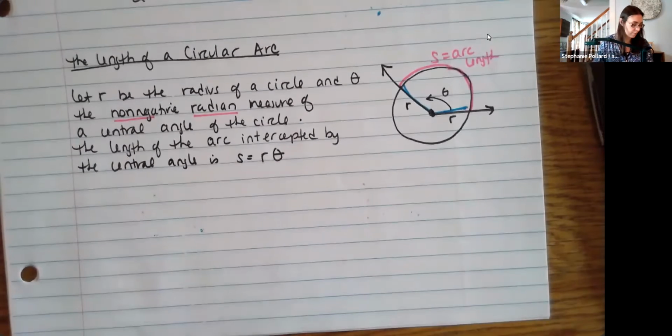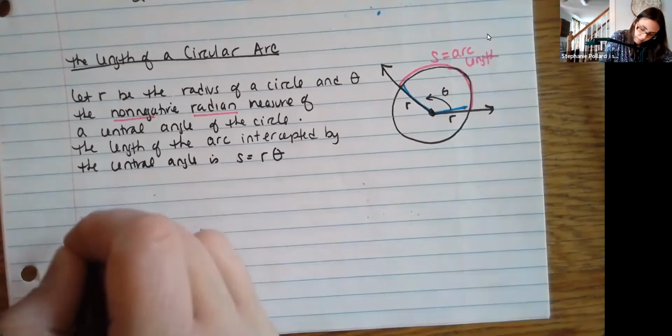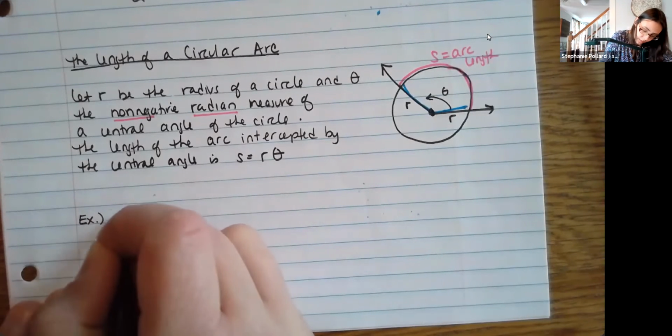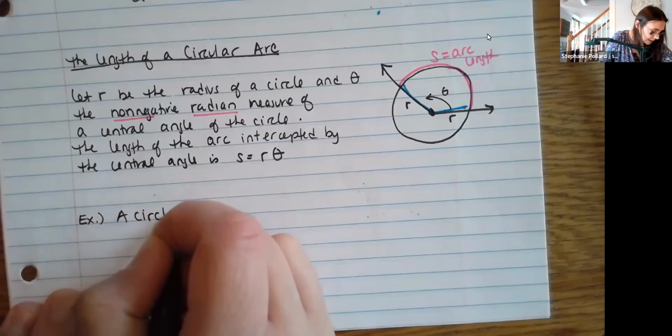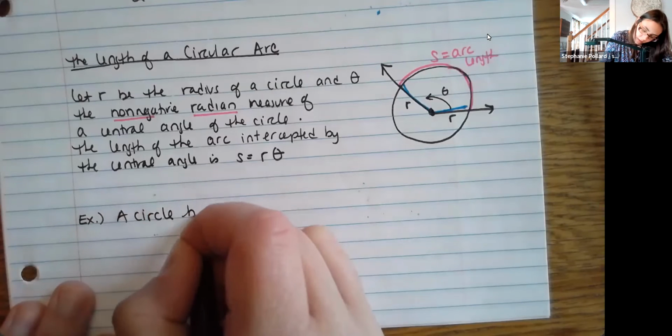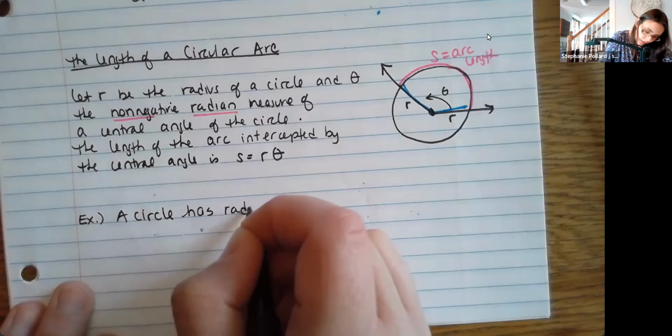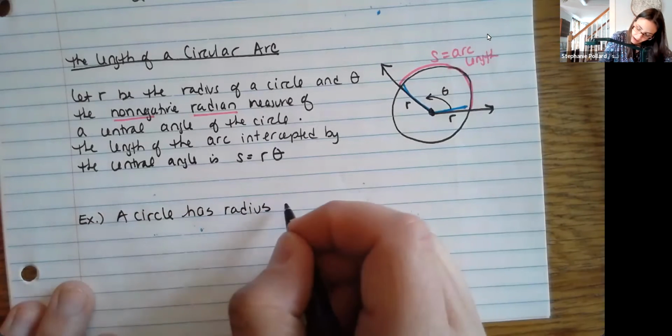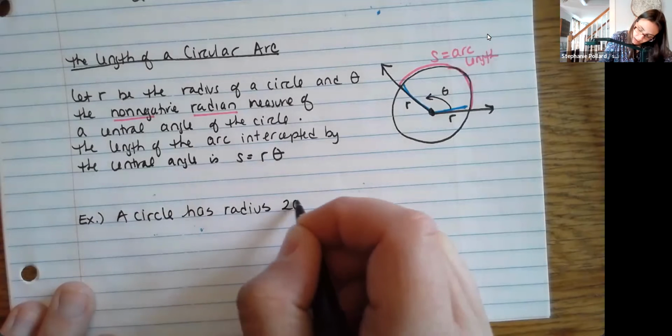So let's look at an example here. Let's say a circle has radius, we'll do 20 inches.